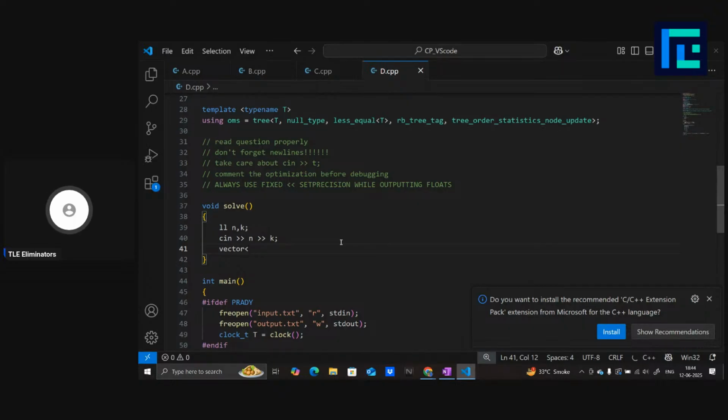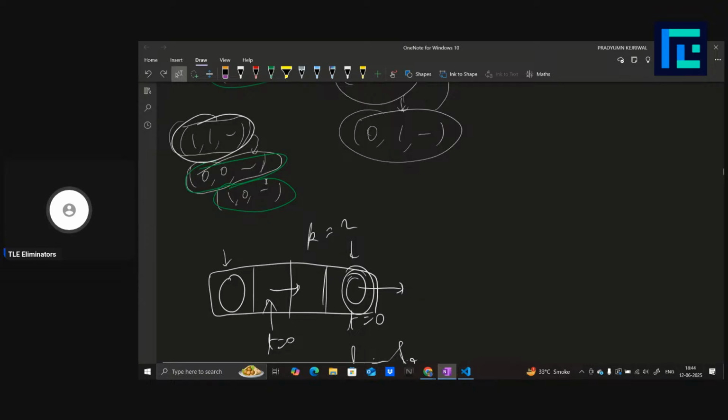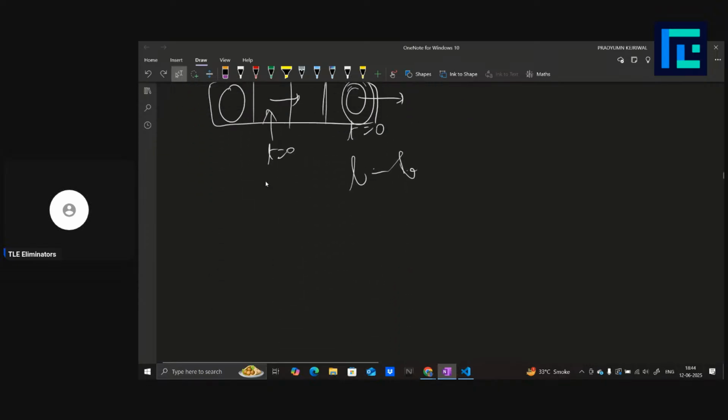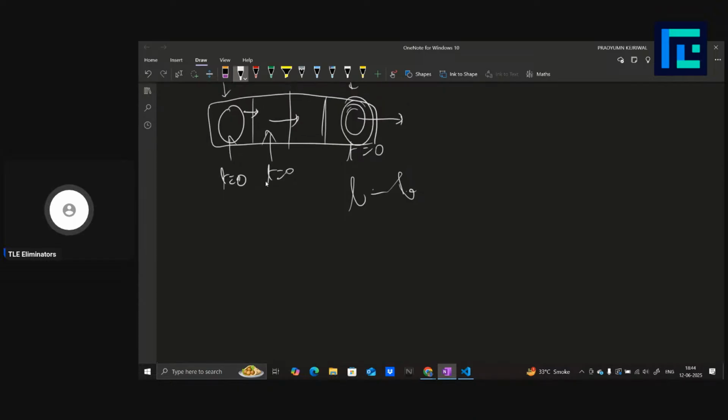What I am storing here is the next state to the one I am in right now. Let's say for this state at t equal to 0 and positive direction, I am storing what the next state is and at what time I will reach there.